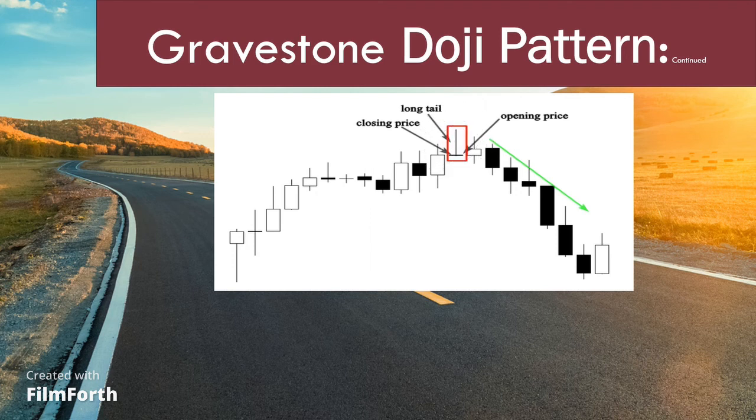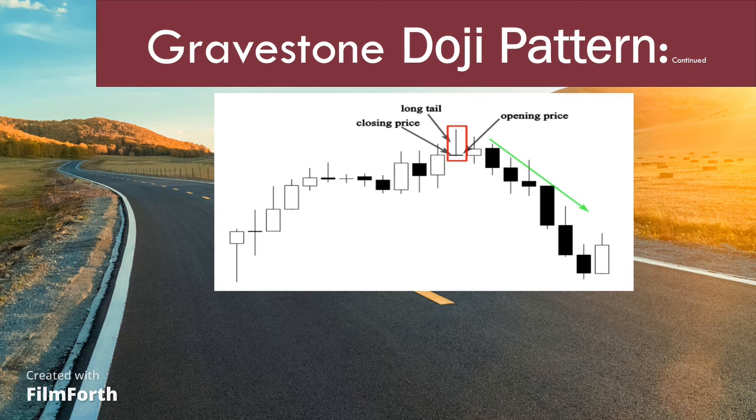It has the closing price, opening price, and long tail. And this candlestick pattern changed the market direction, so the market went down. If you see, it came down to this level.